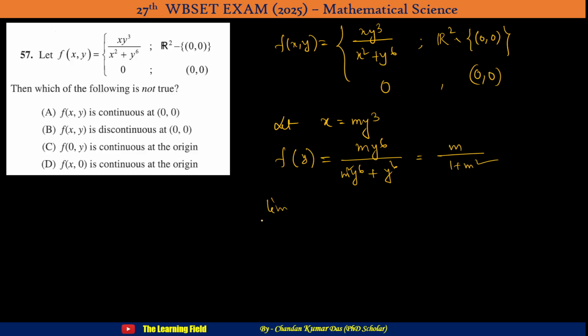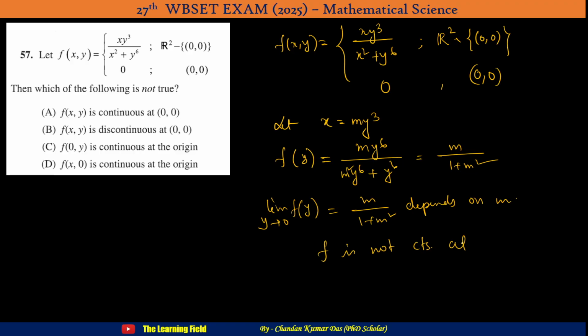So limit y tends to 0 of f is m by 1 plus m square, which depends on m. That means f is not continuous at 0 0. Fine. f is discontinuous at 0 0. Option B is the answer of this question.